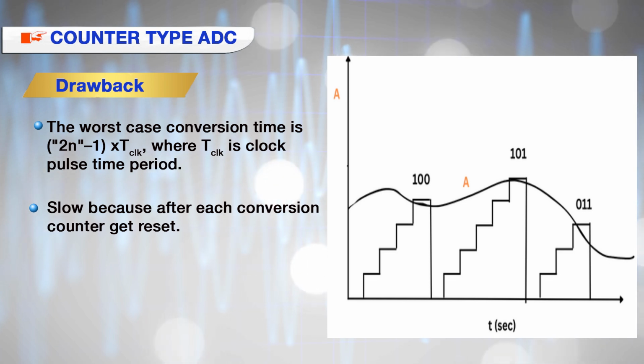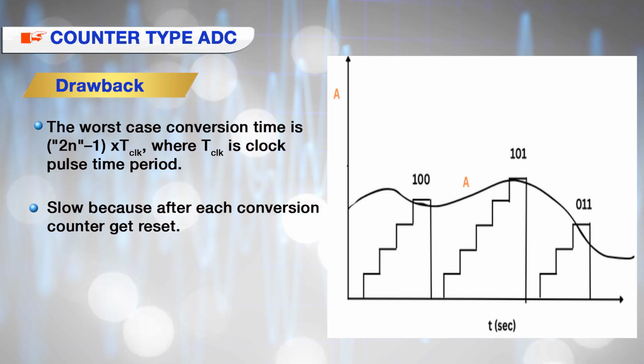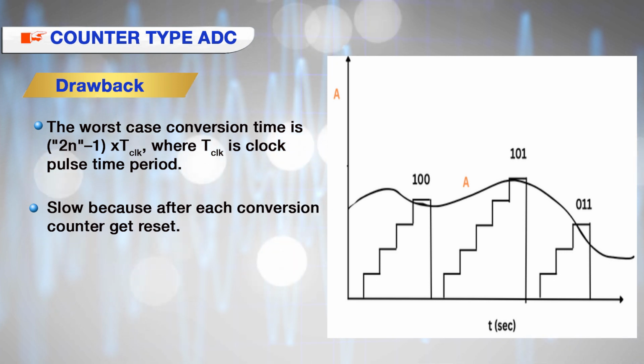Say for a 16-bit ADC, the counter needs to count more than 65,000 times. That is why it has been said that flash type ADC is fastest, since the whole conversion process takes place in just one step.